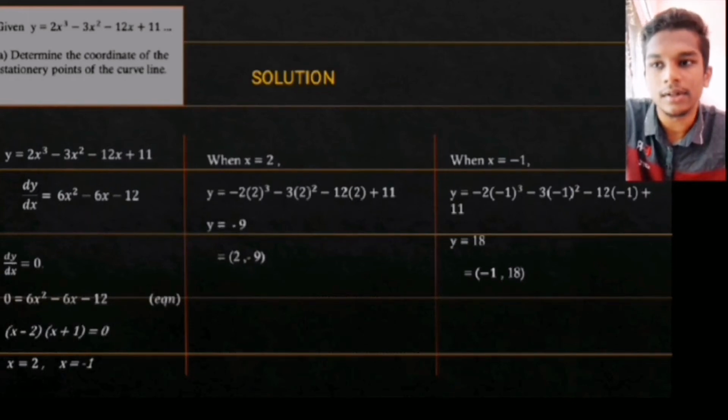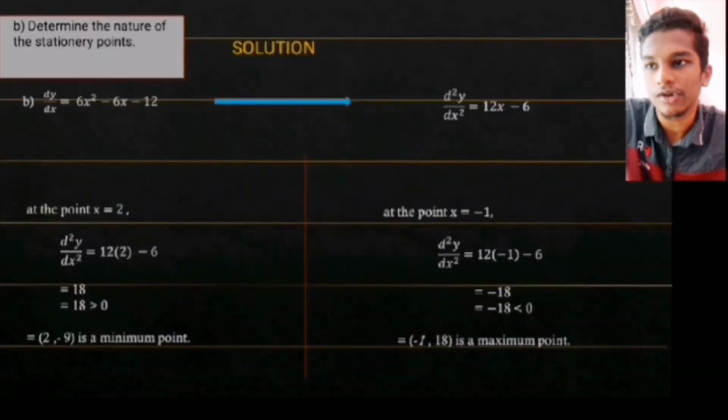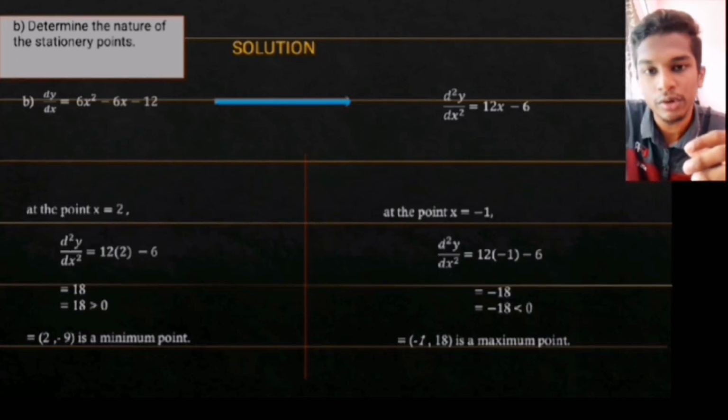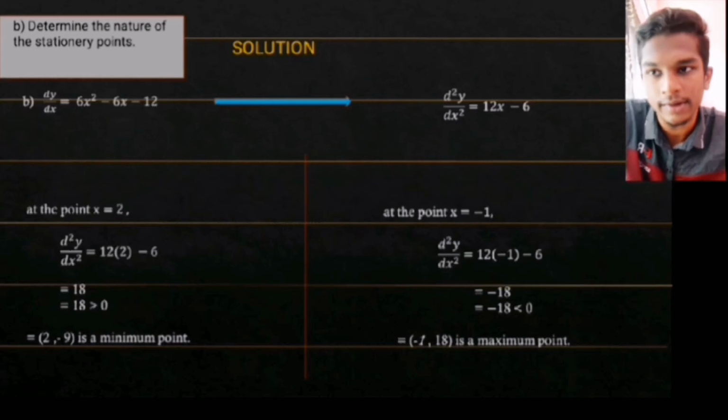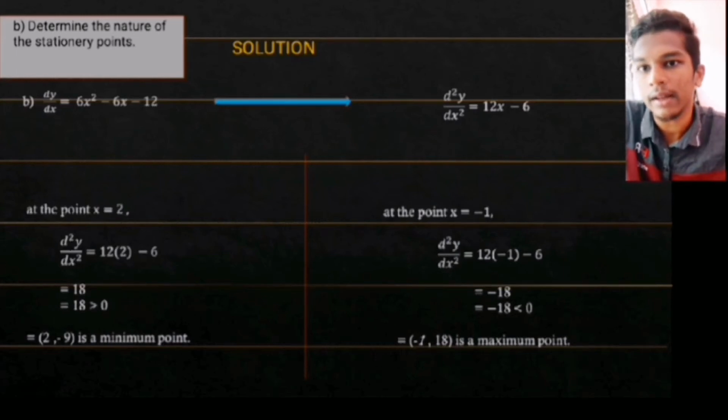The question B is to determine the nature of the stationary points. The first step for this question is we have to do the second differentiation, which is the differentiation of the differentiation. So we will get 12x minus 6.